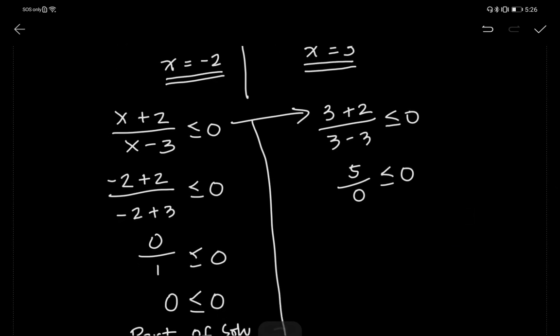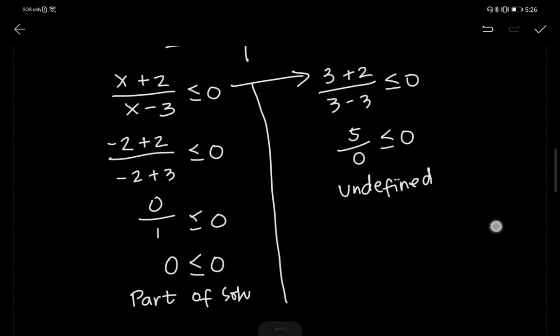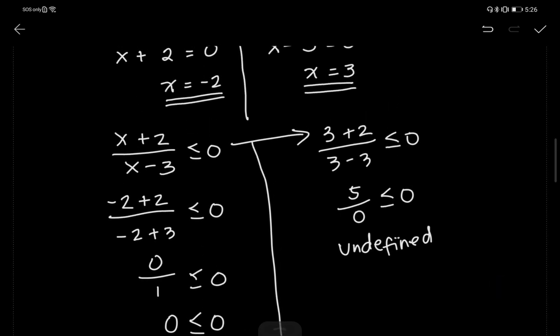So, we know this will become undefined kasi any number divided by 0 will become undefined. Okay? So, ibig sabihin, itong undefined na ito is not considered as part of the solution. Or we can say that yung x na nakuha natin dito will not be part of the solution.